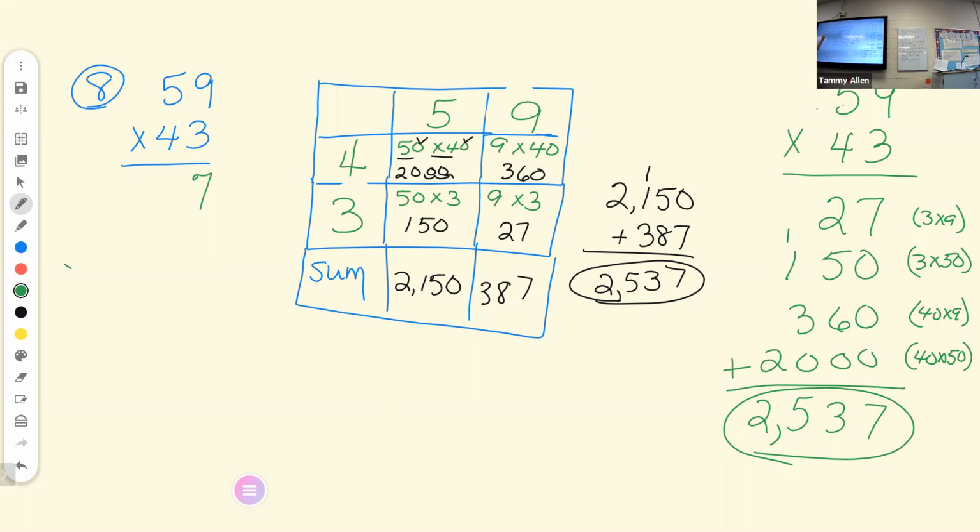We put the 7 down, and we carry the 2 into the tens column, right? Because we can't put 2 digits in the same spot, so we have to carry it over. 3 times 5 is 15, plus 2 more is 17.